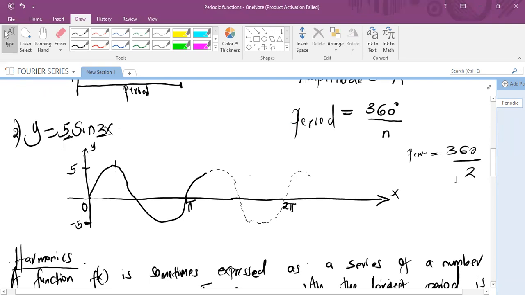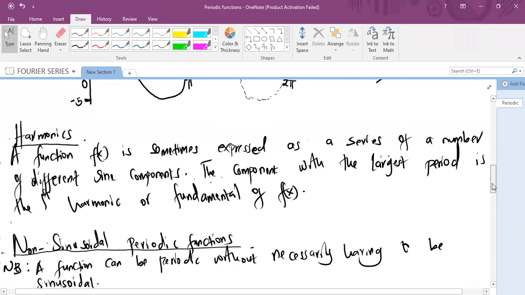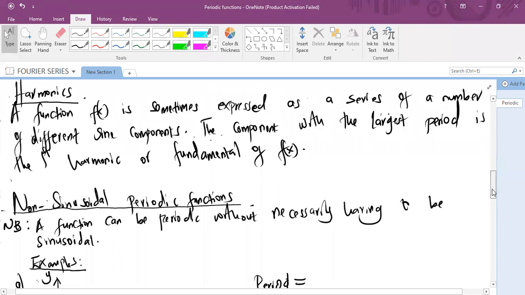Now, next definition, harmonics. A function f of x is sometimes expressed as a series of a number of different sine components. Now, the component with the largest period is the first harmonic, or the fundamental of f of x. Let's say, for example, we have y is equal to sine x, y is equal to a sine nx generally.